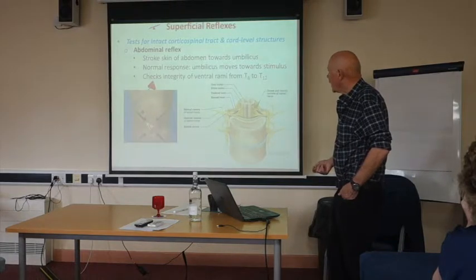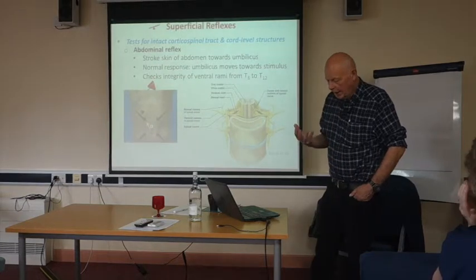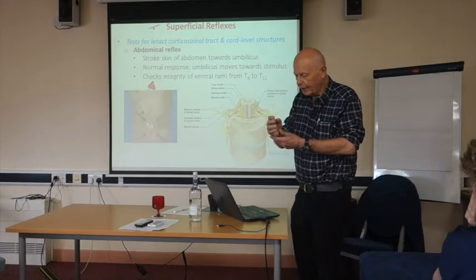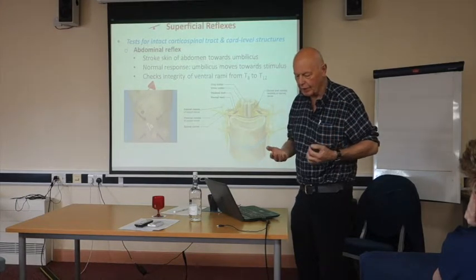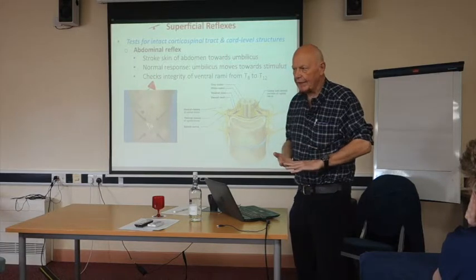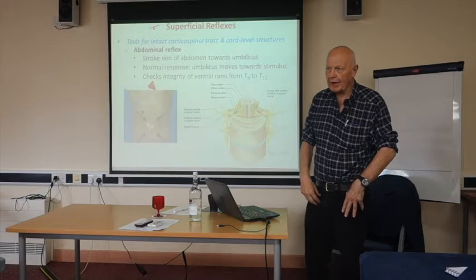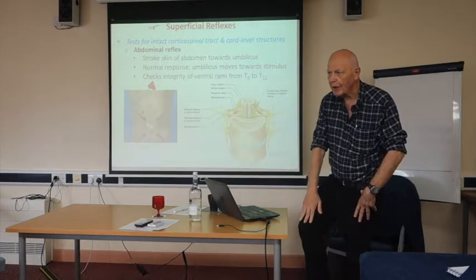The reason for doing it at all is we said that we've done the reflexes in the upper extremity, which gets you down to about T8. And then you've done the reflexes in the lower extremity. We haven't got one for L1 and 2, we've got one for 3 and 4.